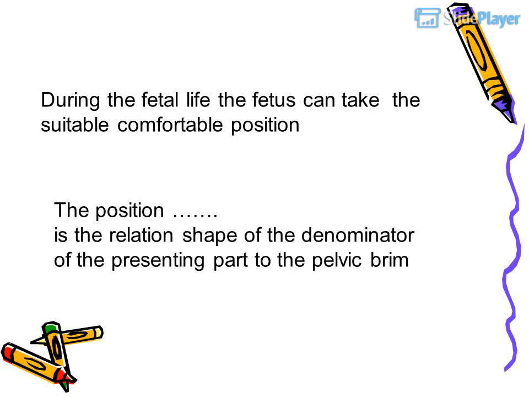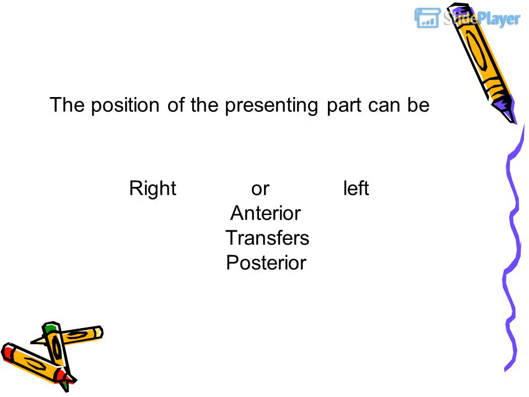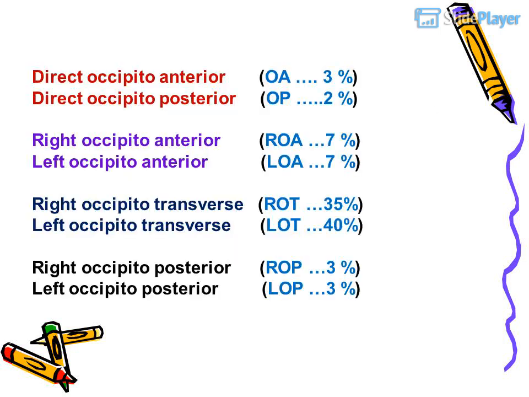During fetal life, the fetus can take a suitable comfortable position. The position is the relation of the denominator of the presenting part to the pelvic brim. The position of the presenting part can be right or left, anterior, transverse, posterior. Direct occipito-anterior, OA, 3%. Direct occipito-posterior, OP, 2%.